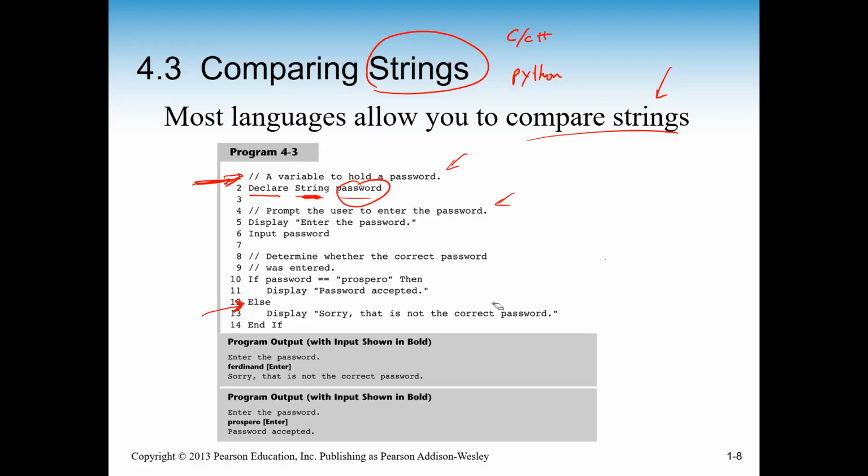Let's say you wrote in the word Purdue. Purdue equal Prospero? No, so that's false, and you follow the path of the else. It displays, sorry, that is not the correct password. And notice at the end of it, you still always want to have the end if.